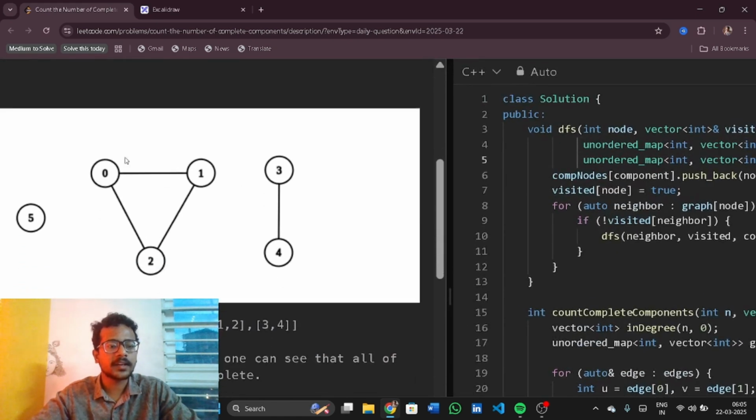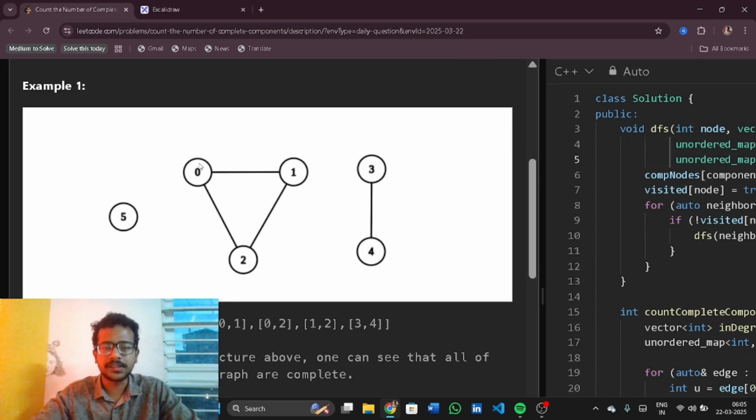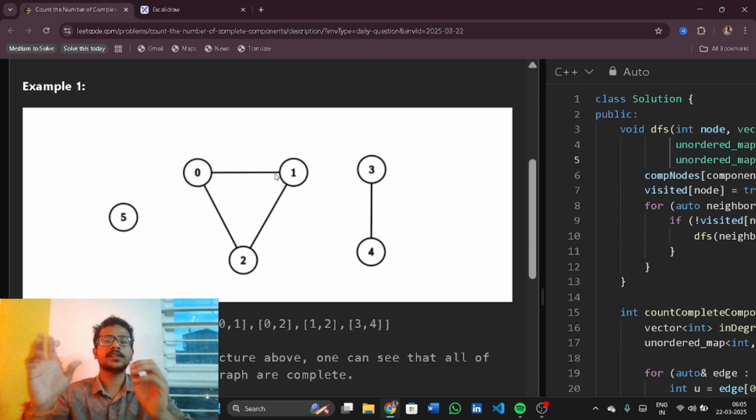They are saying that here component C0 has 0, 1 and 2 as the vertices. Now 0 should have an edge with all the other vertices in this component.